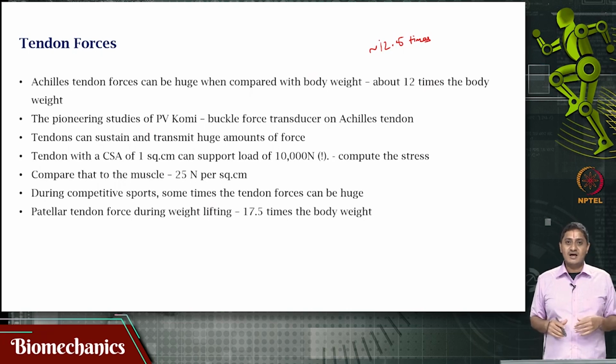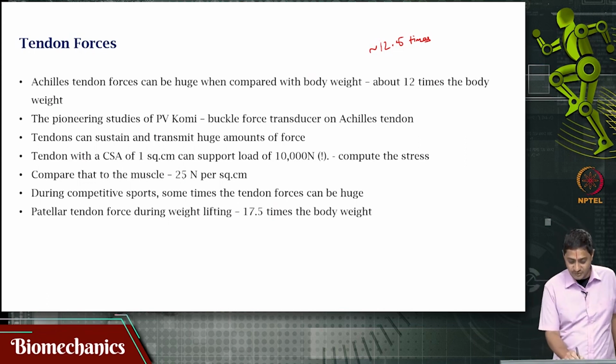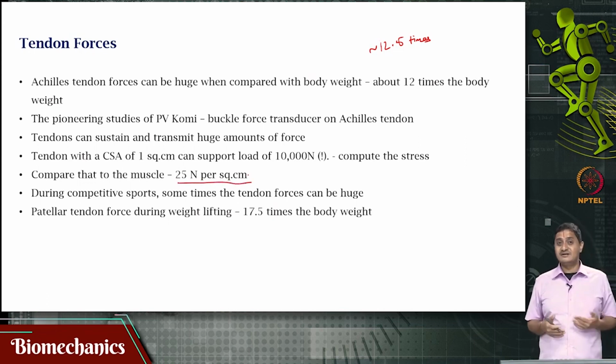Muscles are active force producers or force generators. They are huge, but even in muscles we are only computing the per square centimeter resistance to force. That is only 25 Newton in the case of a muscle. In tendon it is much higher. That 1 square centimeter can support 10,000 Newtons, that is a lot.